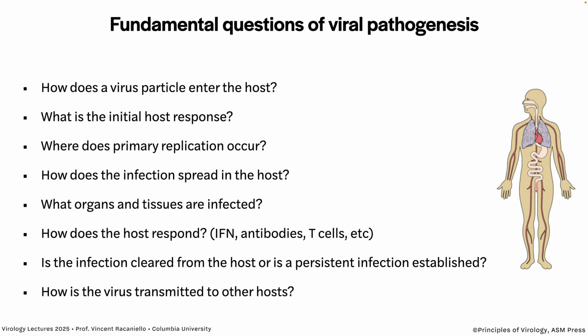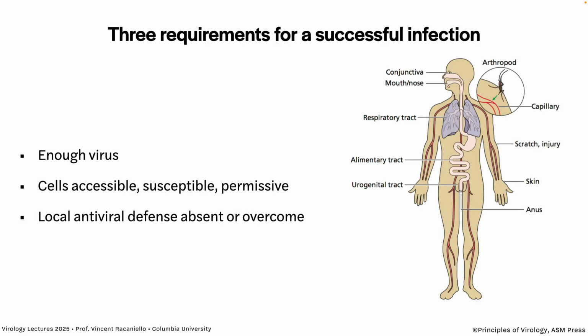How does the host respond? What kind of interferon, antibodies, T cells, et cetera? Is it cleared, or is a persistent infection established? All of us have herpes viruses in us that we acquired at a very young age. That's a persistent infection. Can't get rid of it. And finally, how does the virus transmit to another host? There are many ways, so we're going to cover these today.